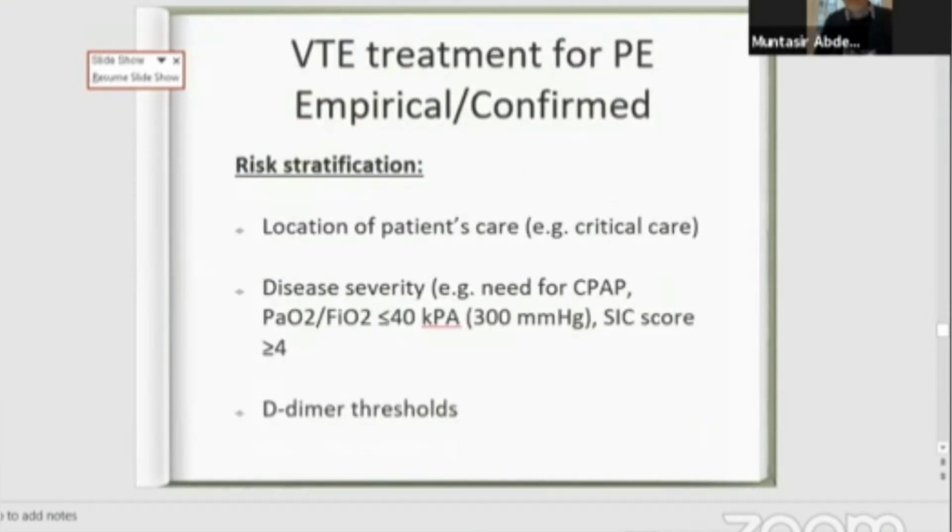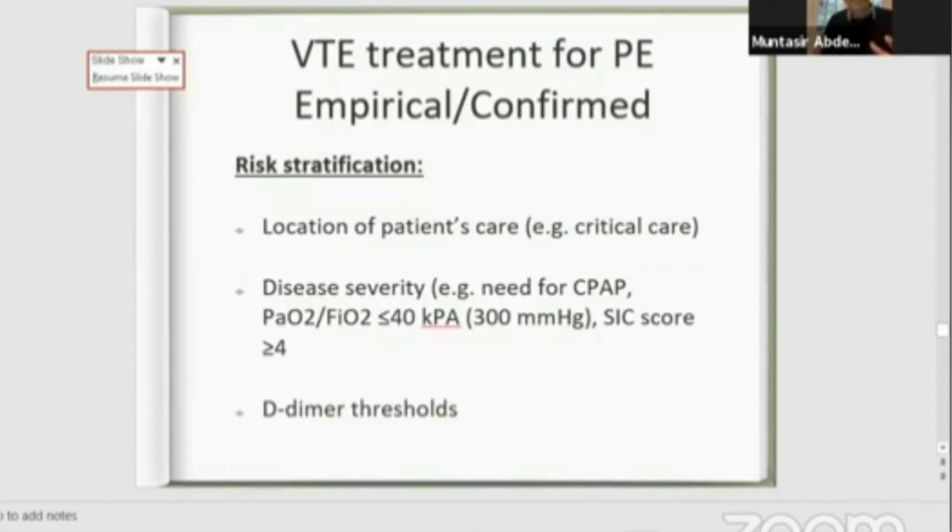Now, the problem with diagnosis of PE in COVID-19 is doing the test itself. Because if you want to have the patient have a CTPA, precautions have to be taken to avoid infection of the staff, and to transfer the patient to the radiology department is a hell of a job. Sometimes the patient might be in the intensive care unit attached to a ventilator, and it's very difficult to move him to CT scan.